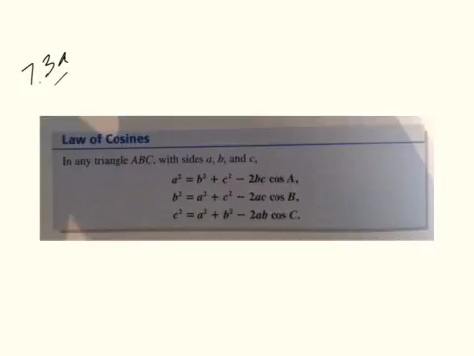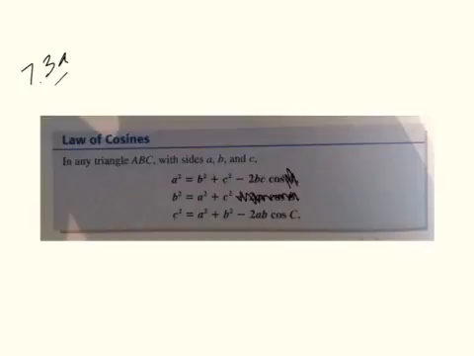The Pythagorean theorem is a special case of the law of cosines, because notice, if this is a 90-degree angle, what is the cosine of a 90-degree angle? 0. So 0 times c times a times 2, this all would go away, right? If the cosine of B is 0, it's 0 times everything else.